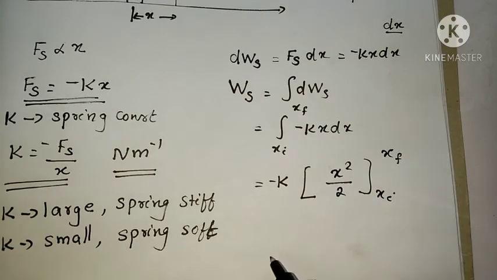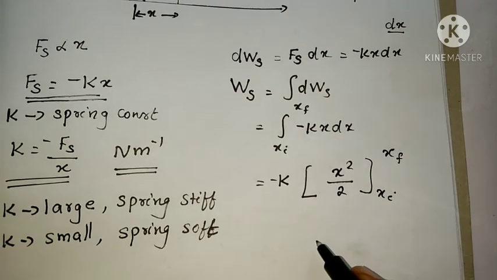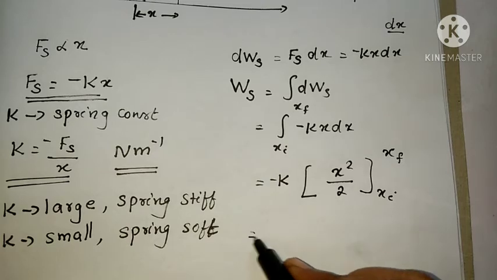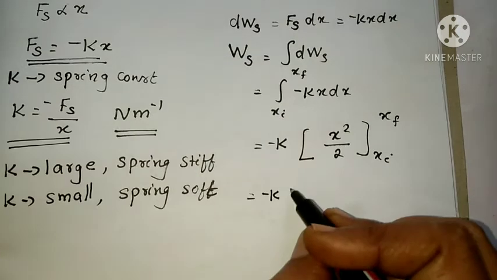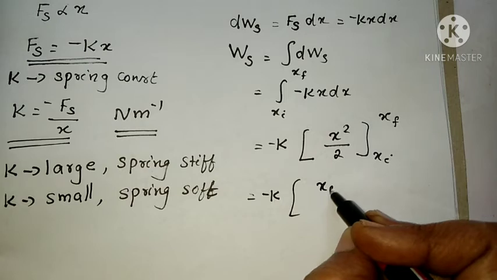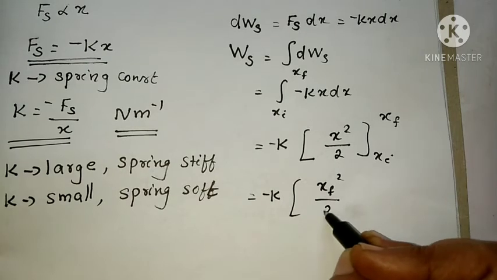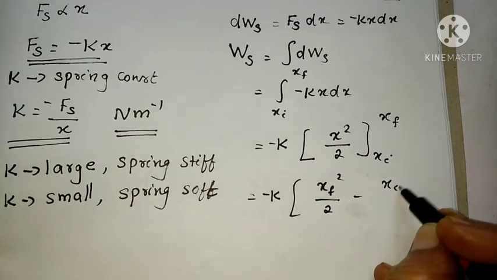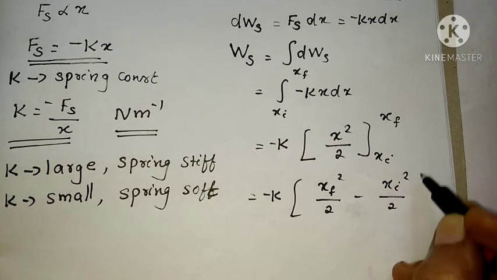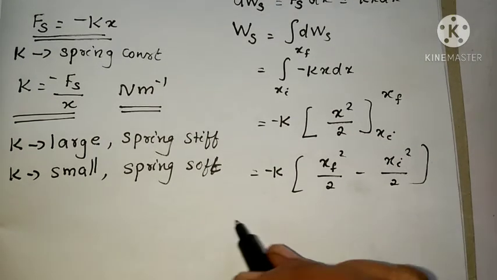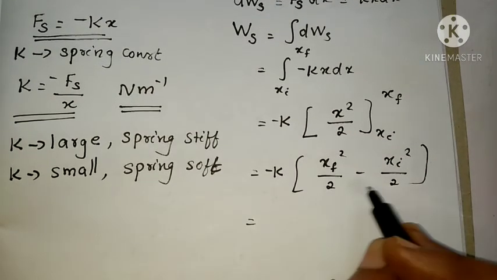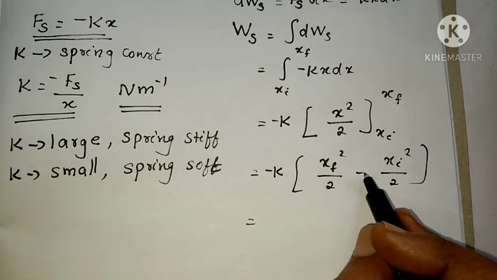Then we can substitute the upper limit and the lower limit. So that is equal to minus k into xf square by 2 minus xi square by 2. That is minus into minus, plus.